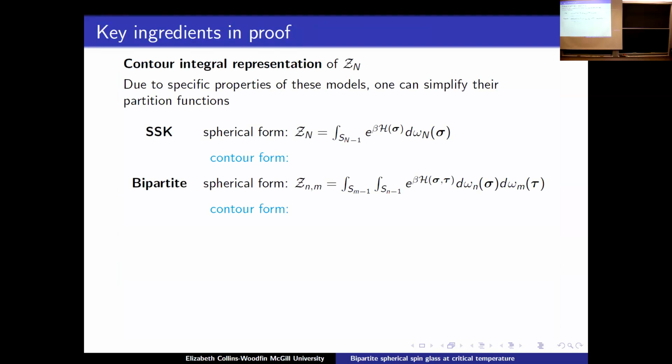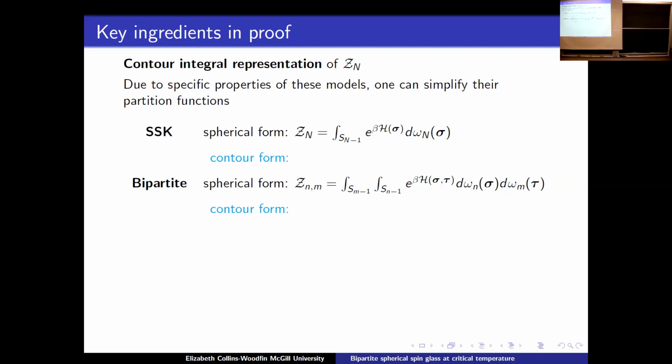So remember, when we did the free energy, we take the log of Zn, that's the integral bit. So this is what it looks like a priori in its spherical form. So we have this spherical integral for SSK. For bipartite, it looks quite similar, except that now because we have these 2 vectors, we're integrating over 2 spheres. So it's a double spherical integral.